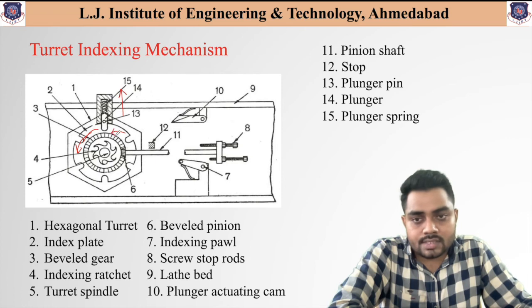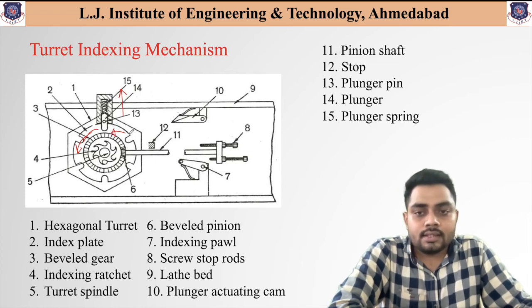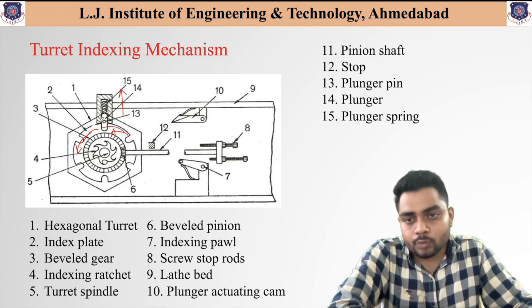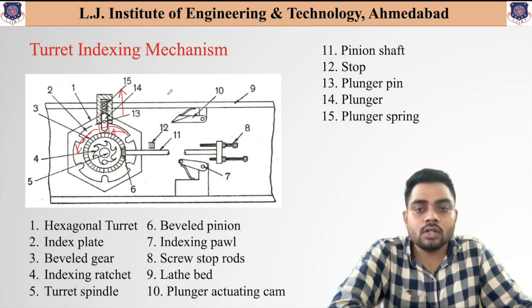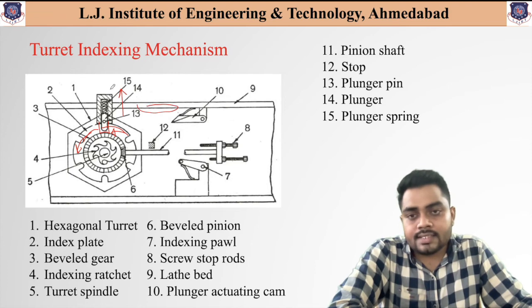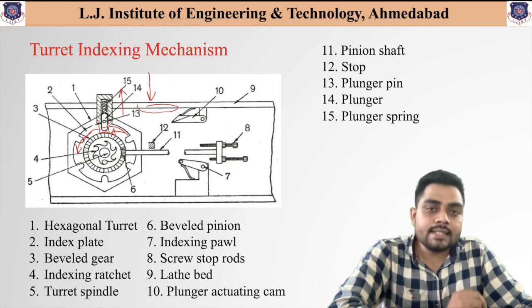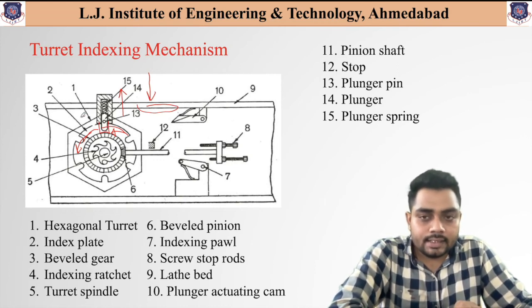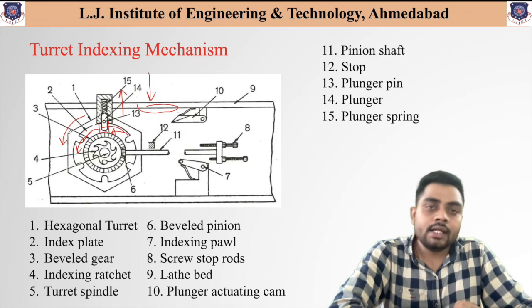When this slot moves to the position of the first available slot, the cam operator available over here moves the plunger in the downward direction and it gets fixed into the slot. And as it gets fit, we can see that the tool is rotated by one index.